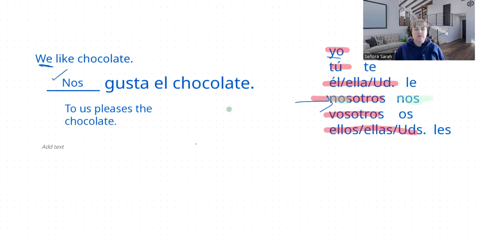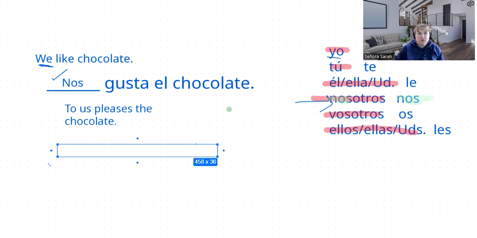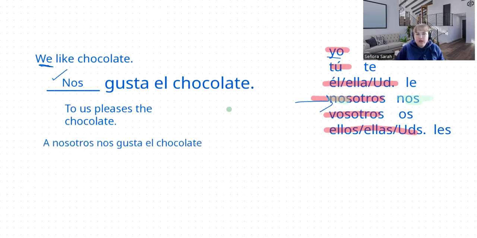If you want to say a nosotros nos gusta el chocolate, for "we like chocolate," you can do that too. Either one is fine. You don't have to do both. Spanish is cool like that. You can choose. What you cannot do is leave off the a. If you choose to do nosotros here, you must include the a.